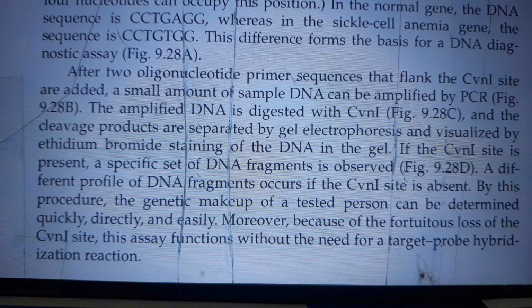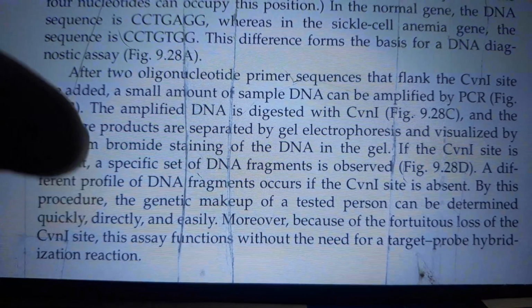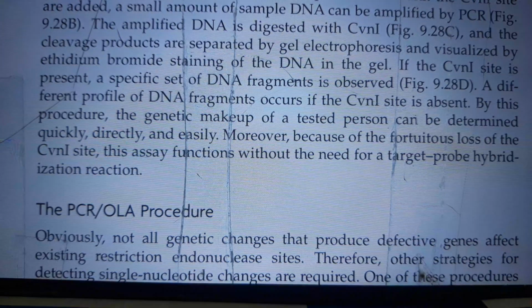If the CvnI site is present, a specific set of DNA fragments is observed. A different profile of DNA fragments occurs if the CvnI site is absent. By this procedure, the genetic makeup of a tested person can be determined quickly, directly, and easily.